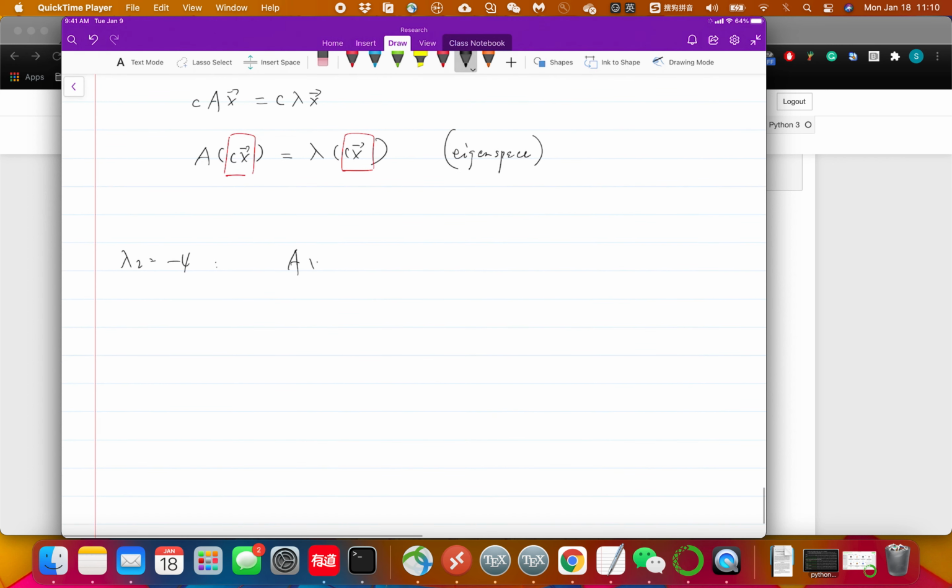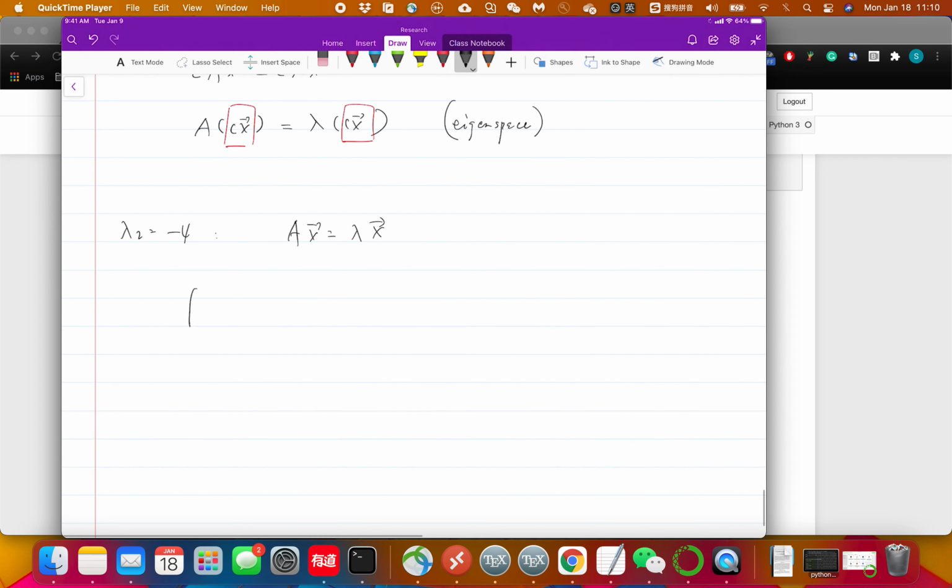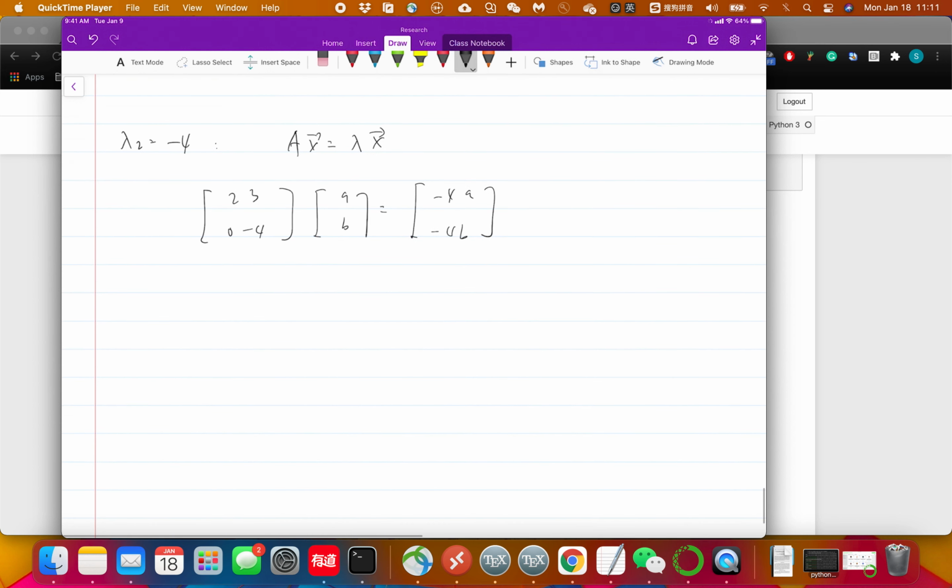So Ax equals lambda x: [2, 3; 0, negative 4] times (a, b) equals (negative 4a, negative 4b). What you have is negative 4b equals negative 4b, redundant. And 2a plus 3b equals negative 4a.